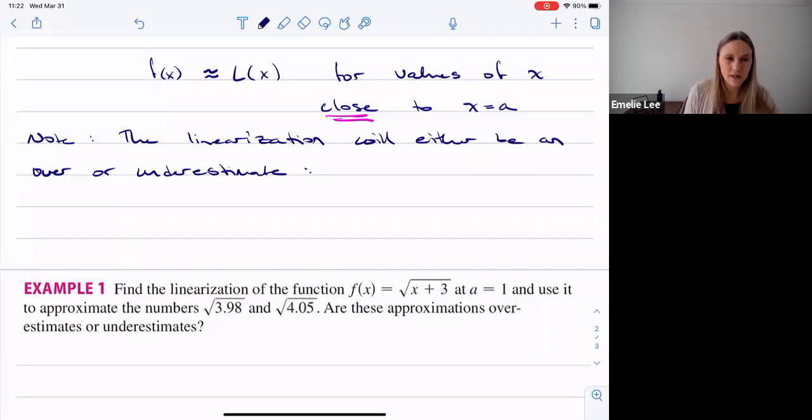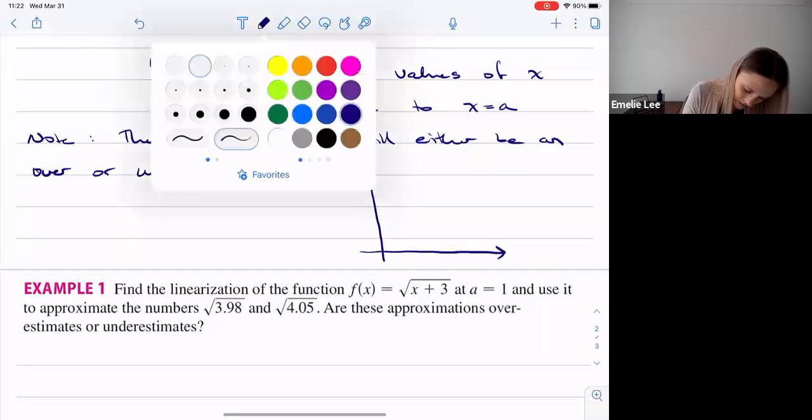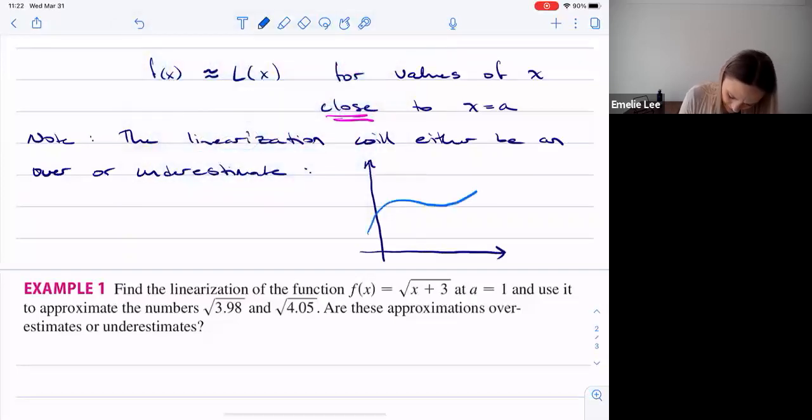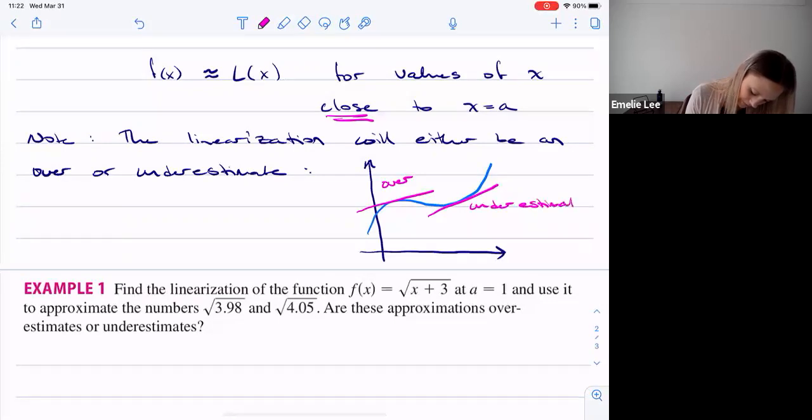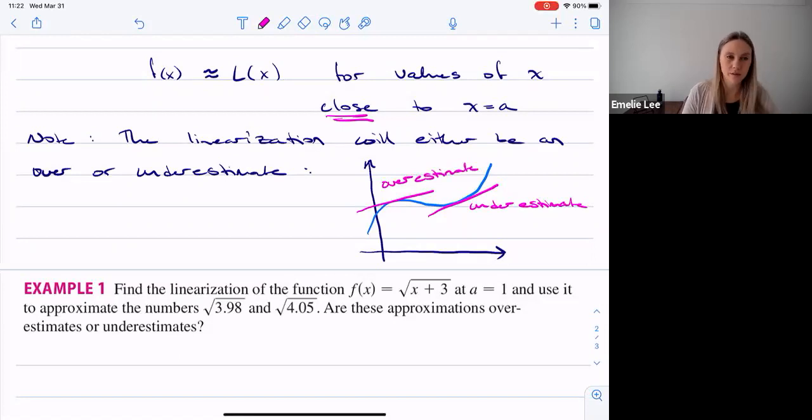And graphically what that looks like is like this. Let's say I've got this curve behavior. Let's talk about two points here. This would be an overestimate, and this would be an underestimate. Should probably write the whole word.